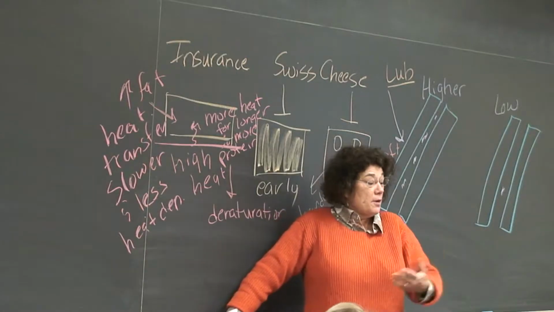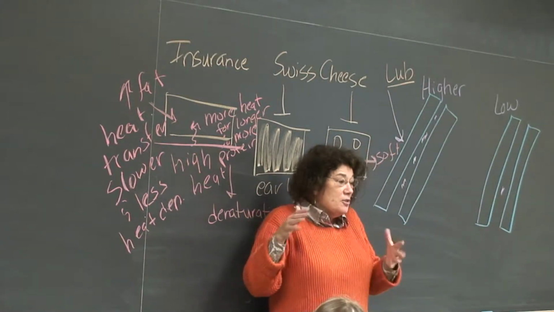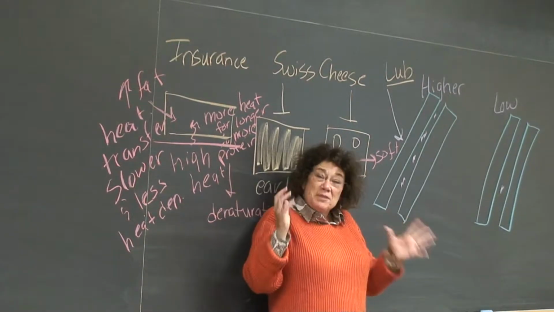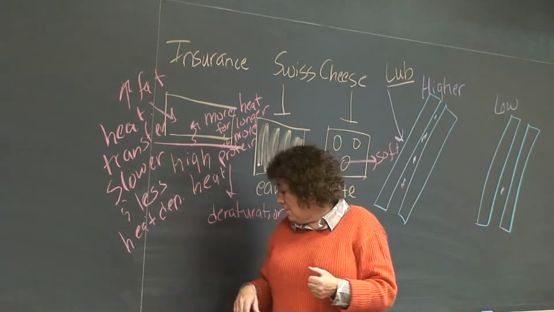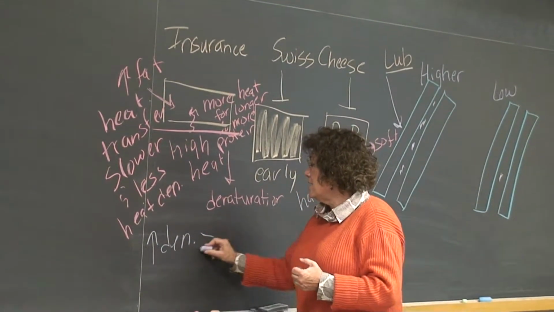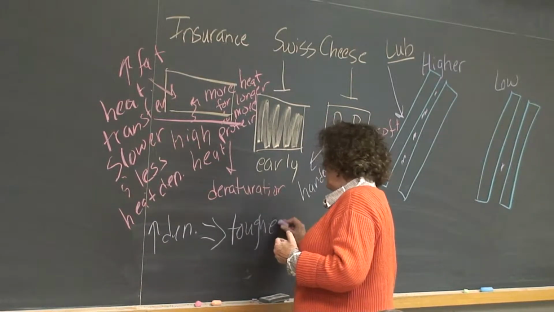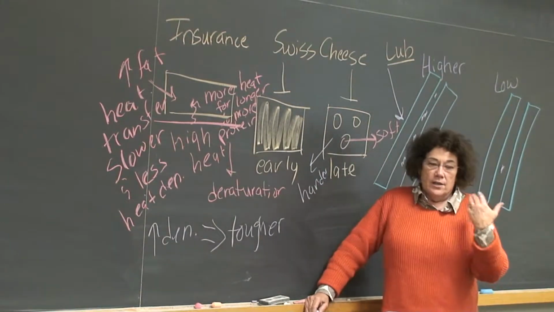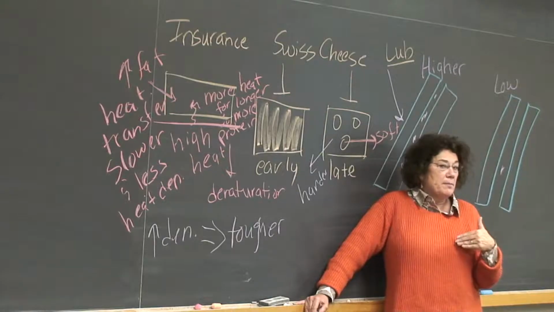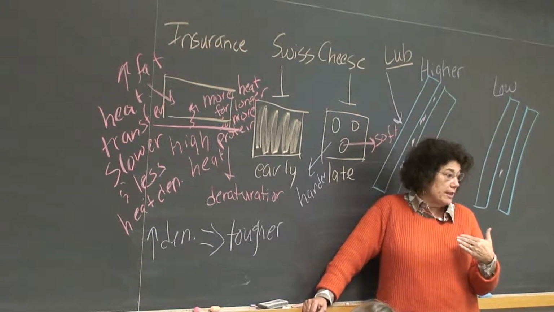So the proteins don't denature. When they denature, they lose water, they become tougher. So higher denaturation equals tougher. So if we have more marbling, it's going to be a protective effect against protein heat denaturation during cooking.